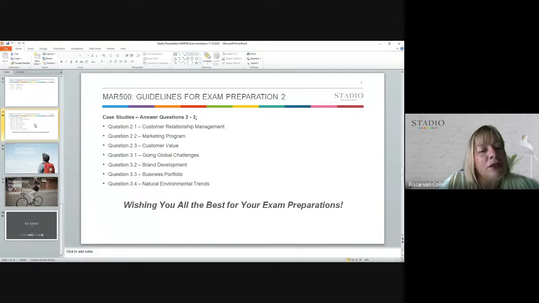Then for question 2.3, customer value. Very important. Once again, a little bit different from the first topic under customer relationship management, but still relating back to the customer, and how we actually provide value for them on so many different value levels.